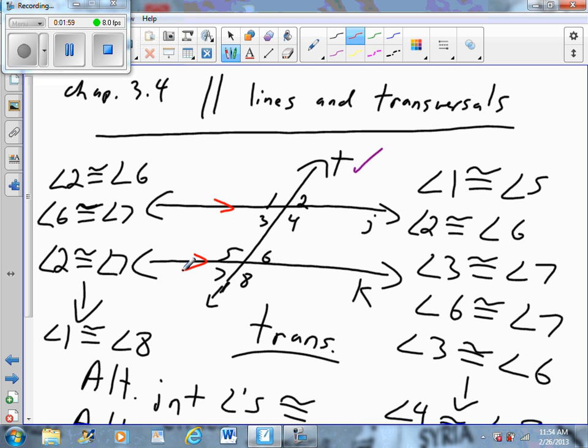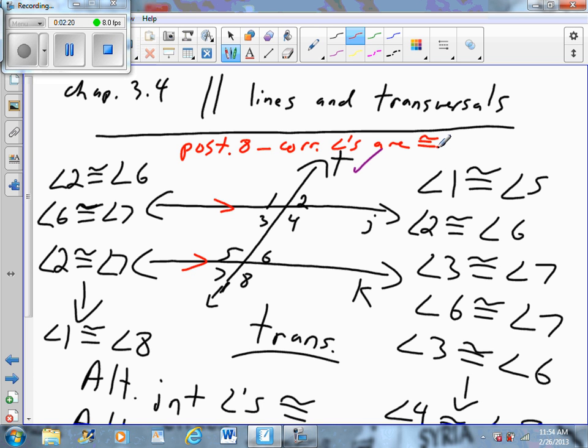A postulate is a statement accepted as true without proof. So corresponding angles are congruent. This is what we know from postulate 8. Get used to geometry shorthand, okay?